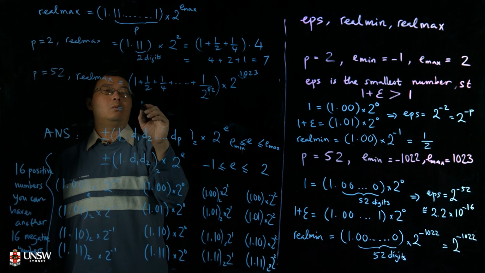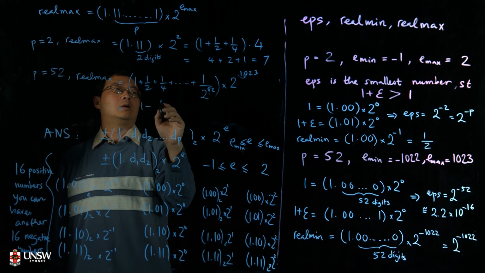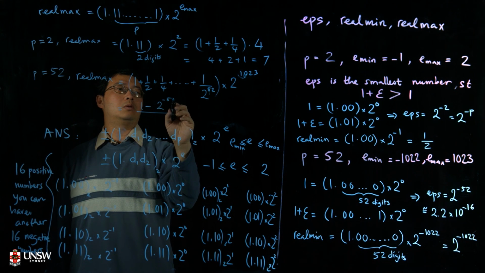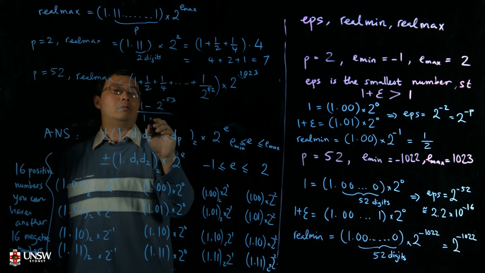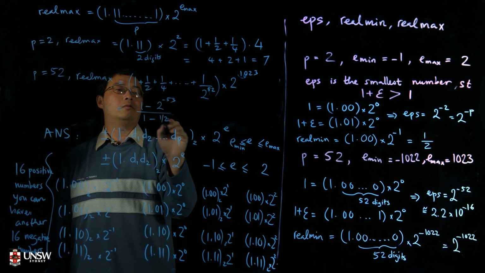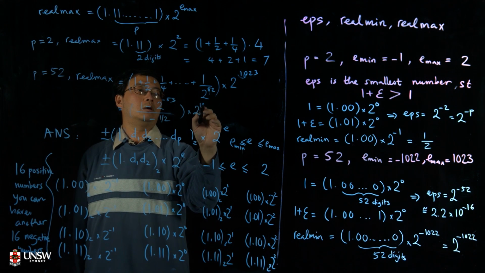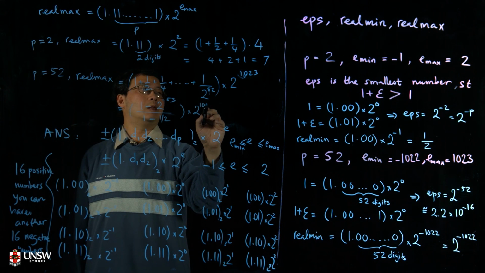Yeah. So here I have to sum up this geometric series, and this one will be 1 minus 2 to the minus 53 over 1 minus 1/2, okay, multiplied by 2 to the power 1023.